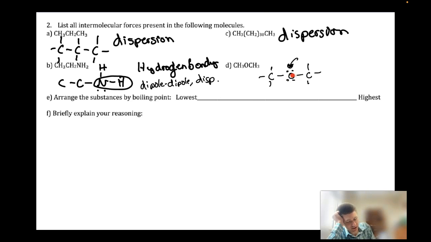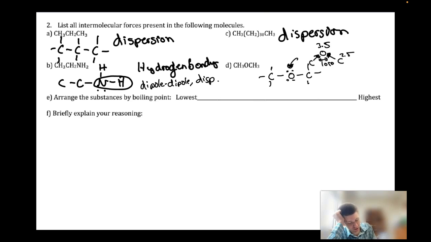But if I look at this central oxygen atom, it has lone pairs. The molecular shape around that oxygen will be tetrahedral-based with roughly 109-degree bond angles, and I will have polar bonds because, again, of oxygen being more electronegative at 3.5 versus 2.5 for carbon.